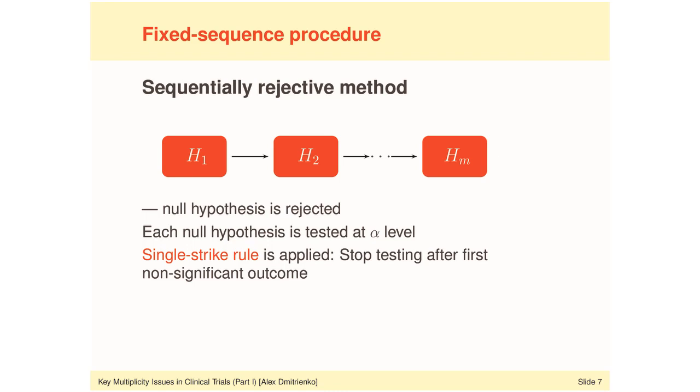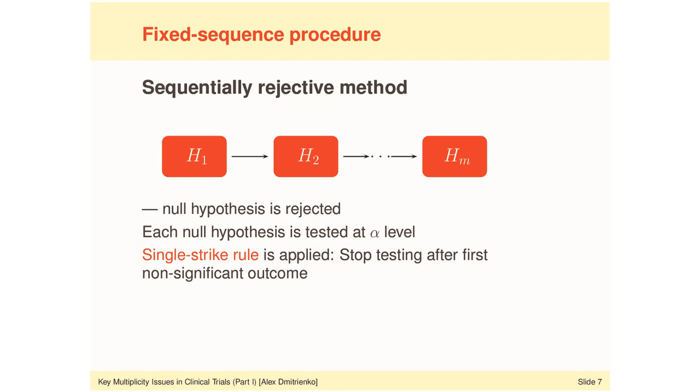Specifically, as we see on the slide, each hypothesis is tested at the alpha level, and testing continues as long as significant results are observed. And as you can see, there's really no multiplicity adjustment at each step, which is great, but the price we have to pay for this is that we must stop testing after the very first non-significant outcome.